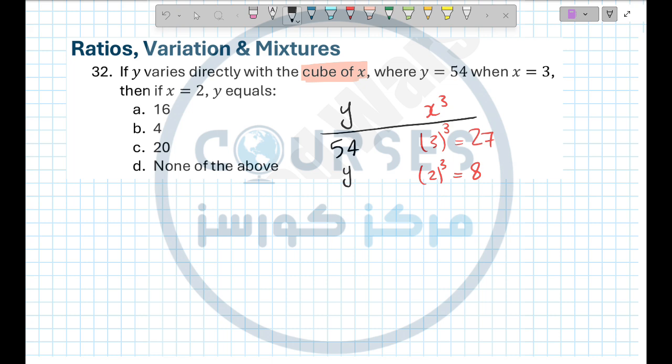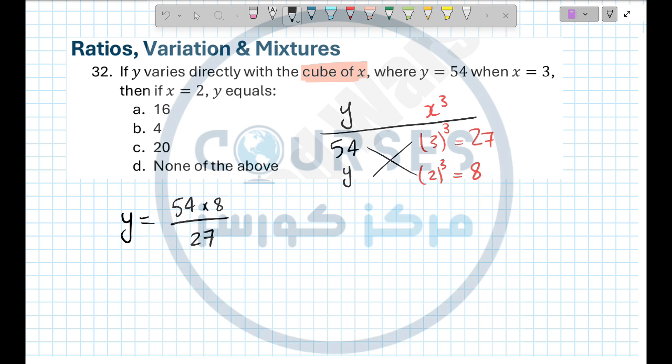Then y equals, so this would be y. This is direct variation, so just cross multiply. So y will be equal to the two numbers together divided by the number multiplied to y. So it's going to be 54 times 8 divided by 27.